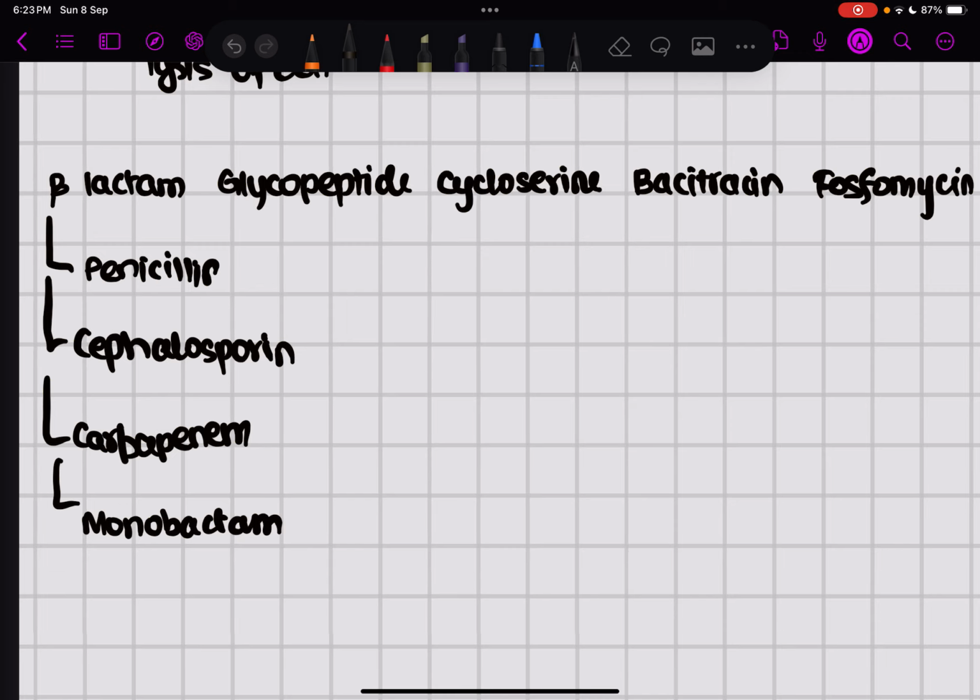Glycopeptide has vancomycin. Cycloserine, bacitracin, and fosfomycin are not frequently used.